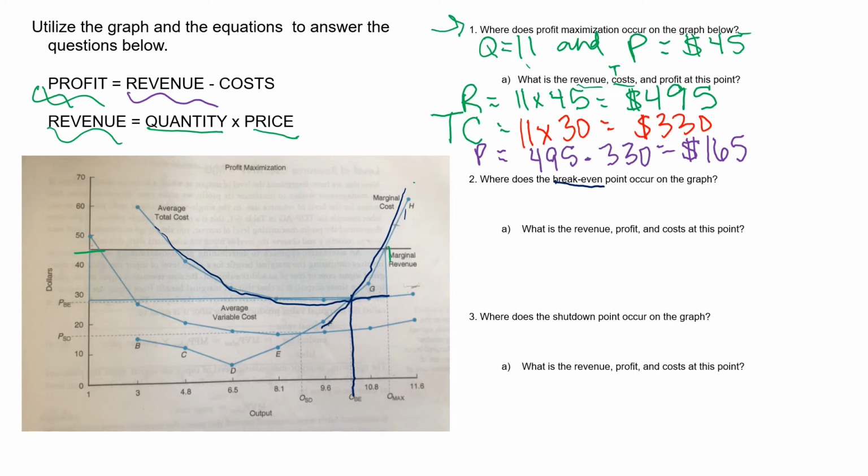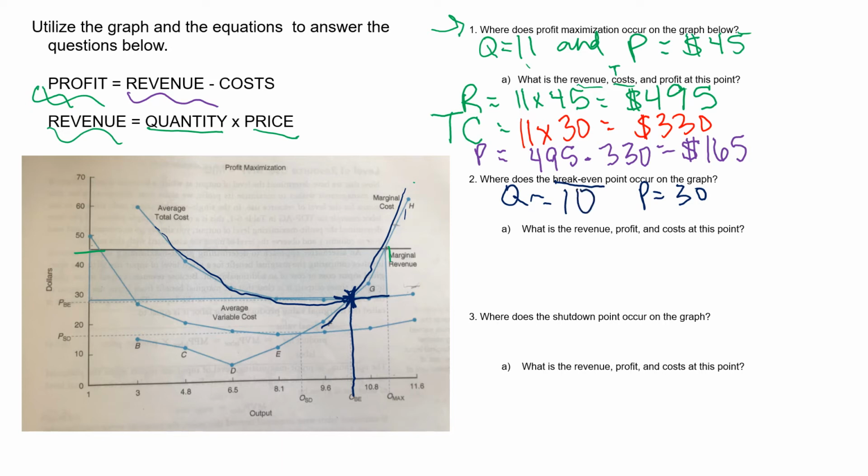So here's our break-even point. So break-even point occurs at, we're going to say $30. So where price equals 30 and quantity produced equals 10.